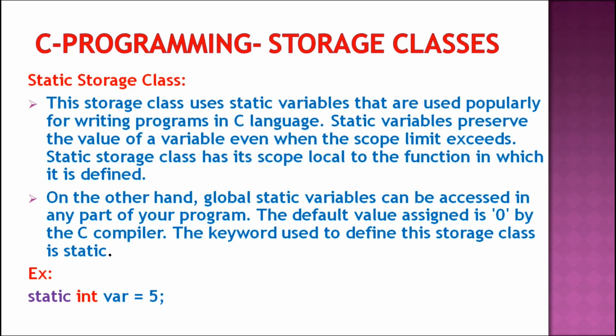Static storage class has its scope local to the function in which it is defined. On the other hand, global static variables can be accessed in any part of your program. The default value assigned is 0 by the C compiler.